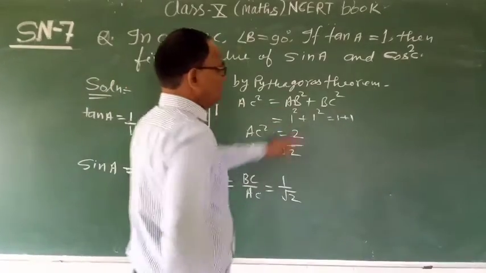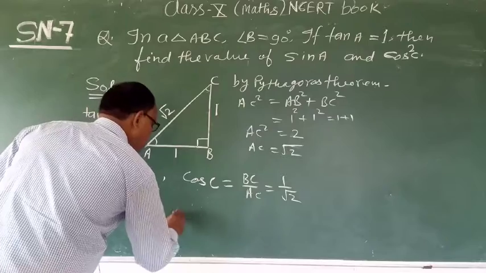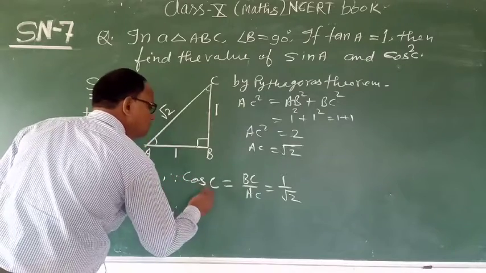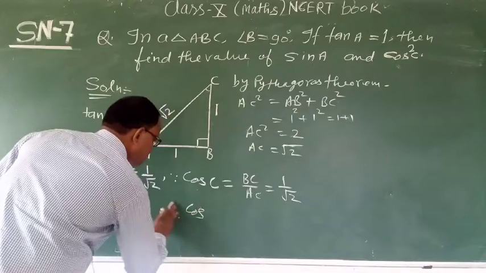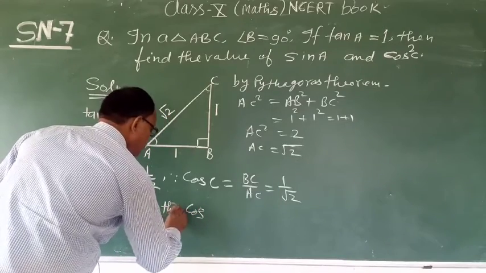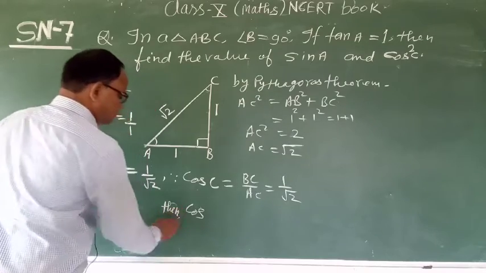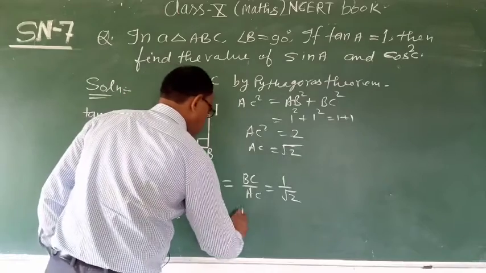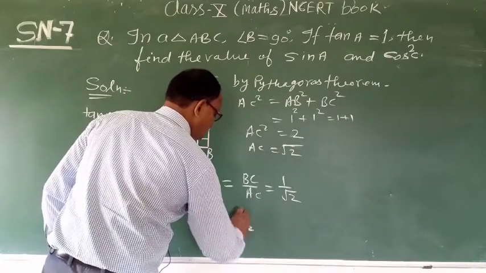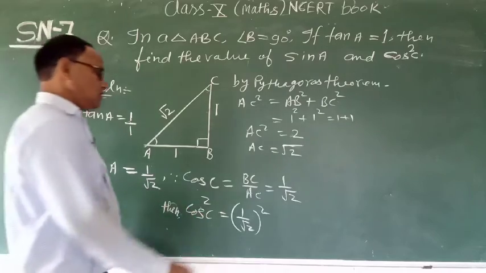But cos square C is equal to the square of 1 by root 2.